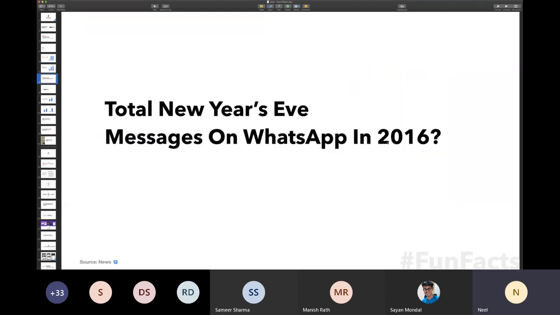To put some context into the popularity of internet, consider the total New Year's Eve messages on WhatsApp in India alone, for people sending messages to their friends, family and relatives just to wish a happy New Year.